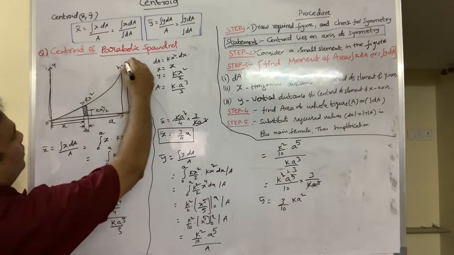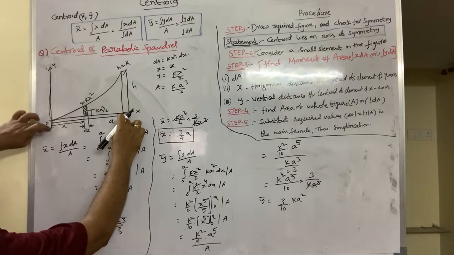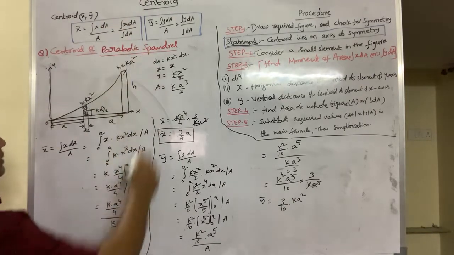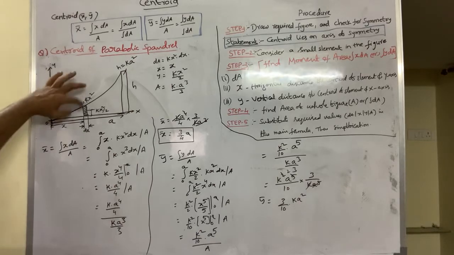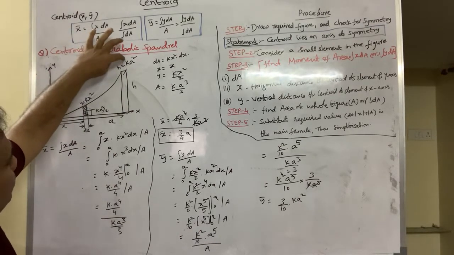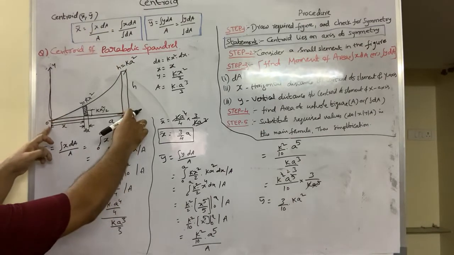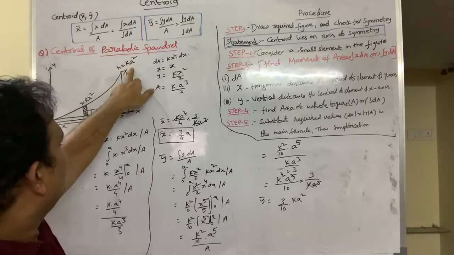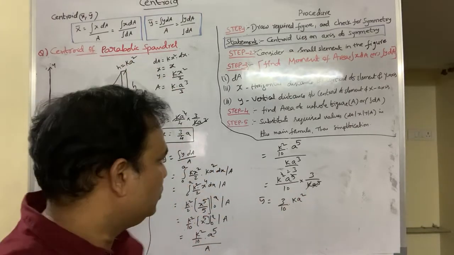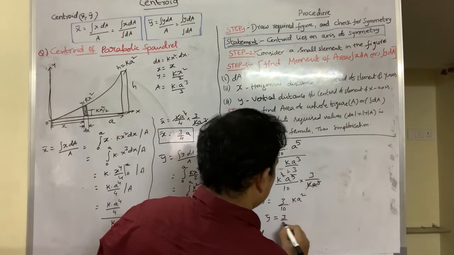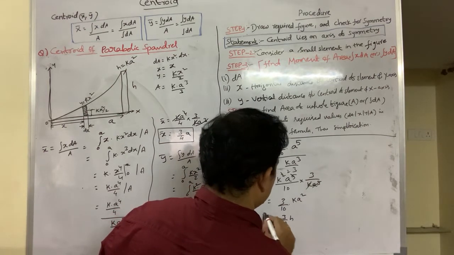H is equal to k into distance square, and the distance here is a. So k a square is equal to h. Let us substitute it here. So y bar is equal to 3 by 10 into h.